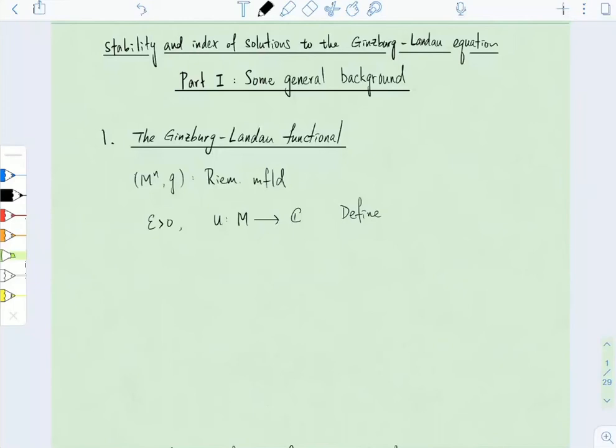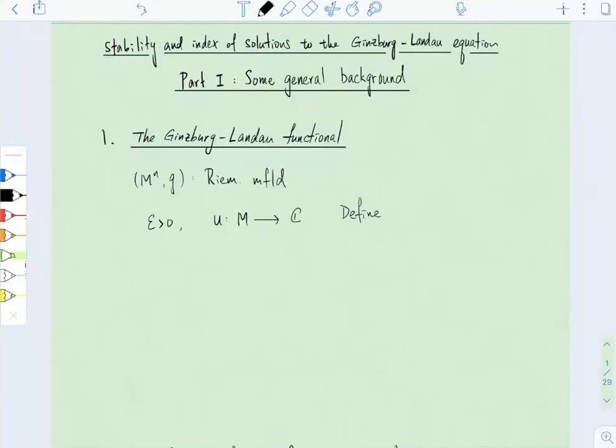First of all, because I'm choosing to focus on a very particular aspect of this vast subject, necessarily I will omit many important contributions by many authors, and I'm sorry for that.